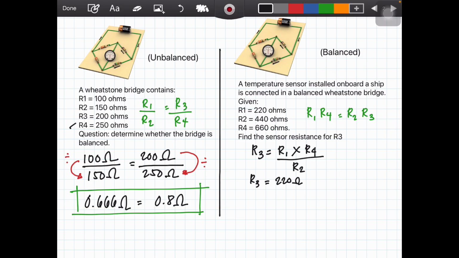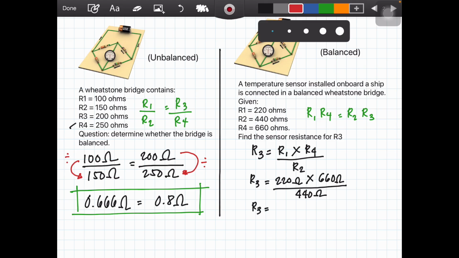Multiply it by R4, and the value for R4 is 660 ohms, over R2. The value for R2 is 440 ohms. Then we write again R3 because that is what we are looking for. As I've said, 220 ohms, you multiply it by 660 ohms. That's multiplication, not division.